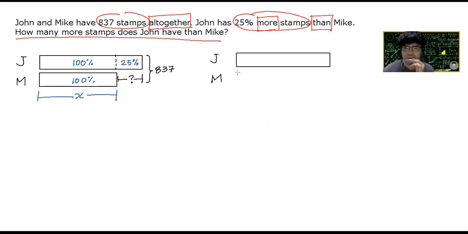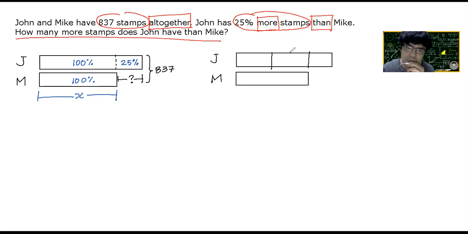Now, again, 25 over 100 to represent 25%. Now, in lowest term, dividing 25 by 25 and 100 by 25, that will become 1 over 4.